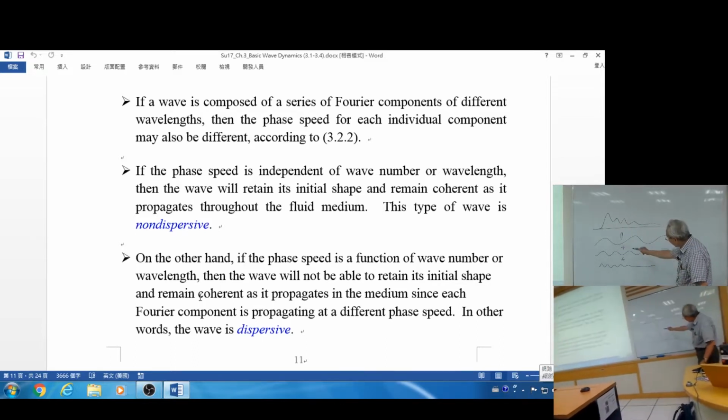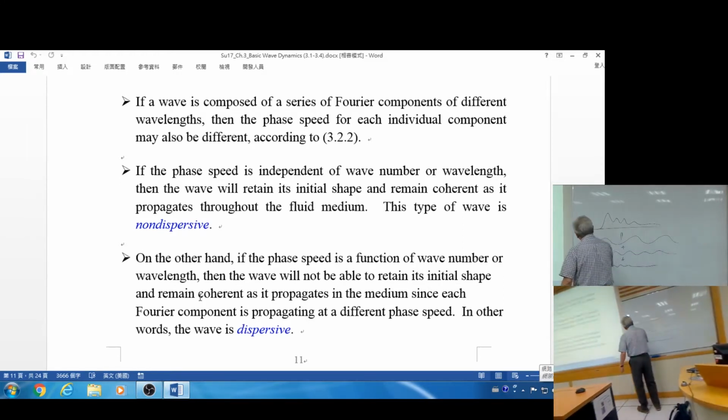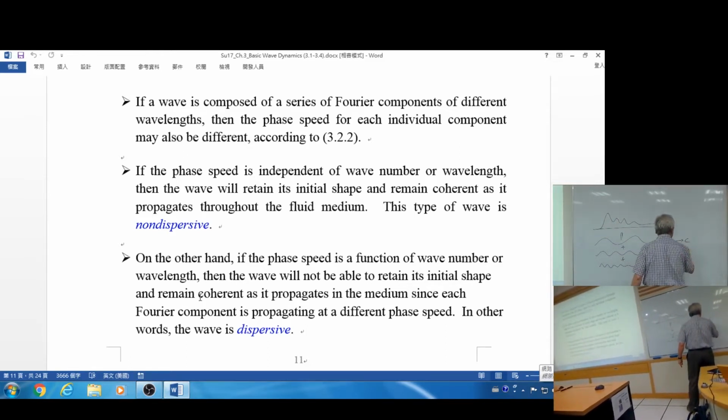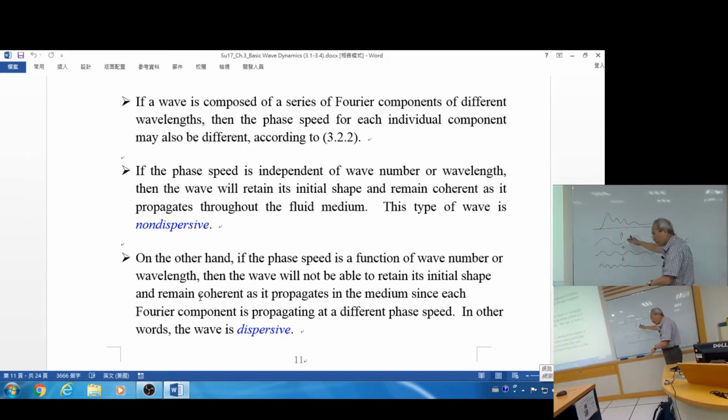Now, if those waves propagate at the same speed, say c, then the wave composed of them will propagate at the same speed.